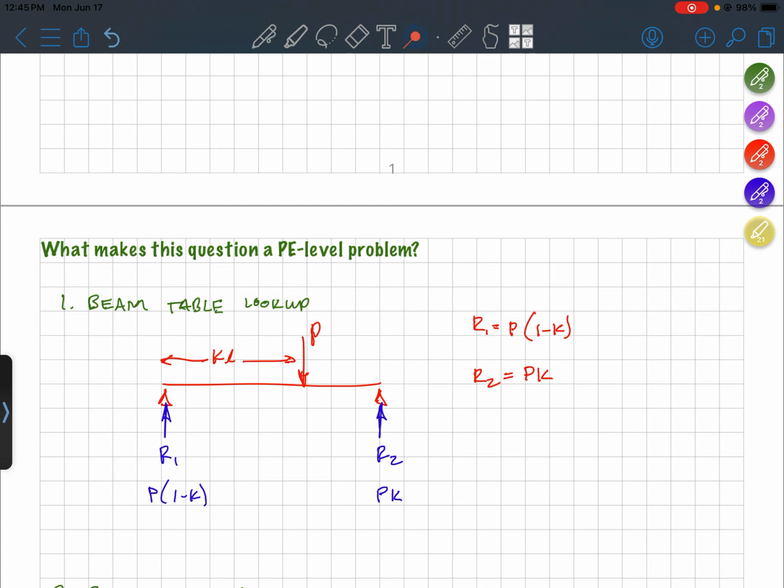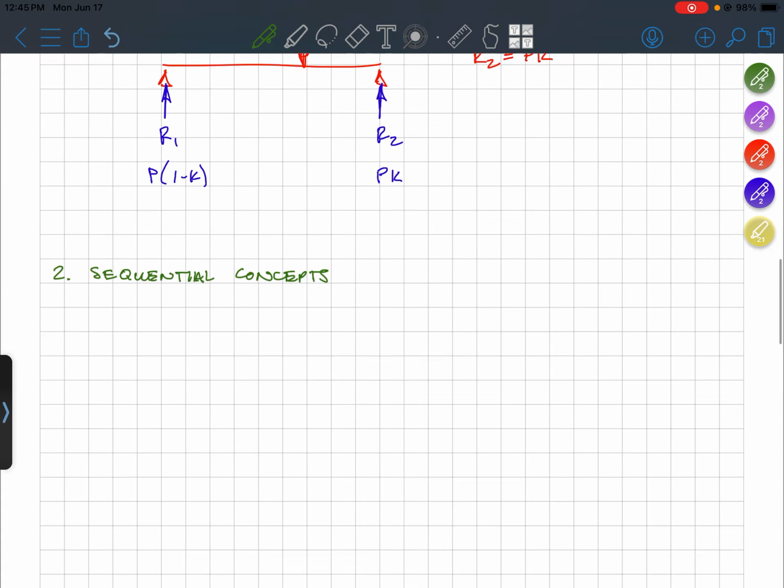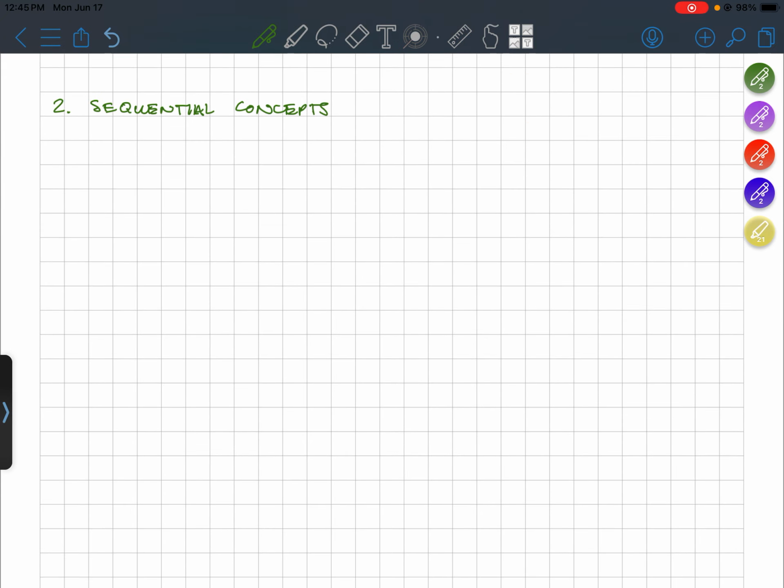The second thing is sequential concepts. This is pretty common with PE questions: all the info needed to solve them in pieces is pretty simple, but stacked on top of one another it becomes a lot more challenging. By reading the problem text, we ought to be able to understand that we can solve this problem using elongation.